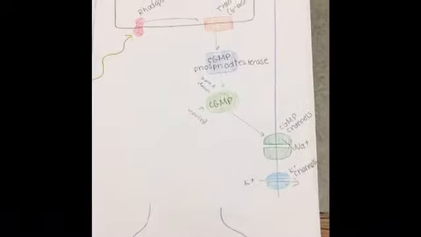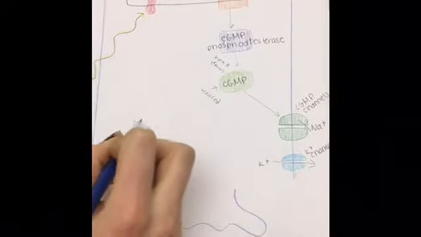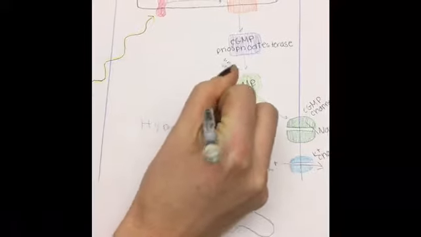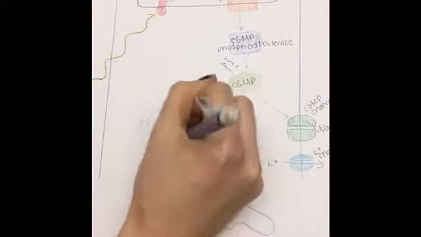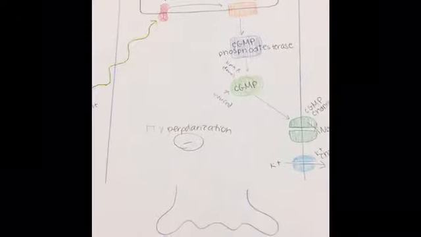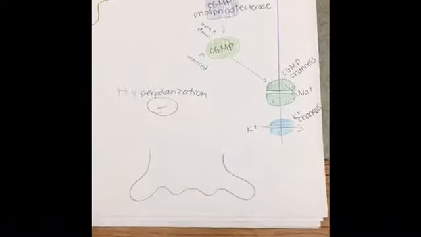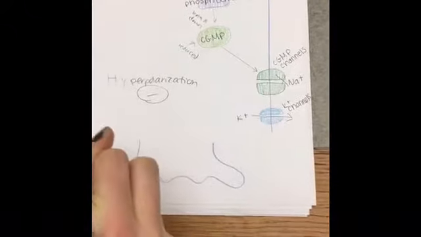This in turn will result in a hyperpolarization of the cell. So the inside of the photoreceptor cell will become more negative. This will result in a decreased neurotransmitter release.